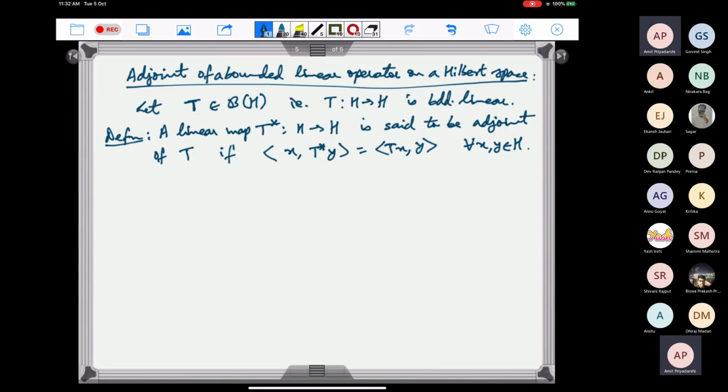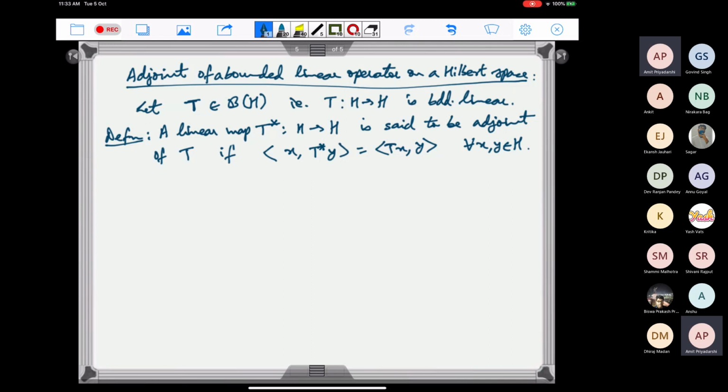So this in fact you can define on an inner product space: if you have any linear map on an inner product space, then we say that T star is the adjoint of T if x inner product with T star y is equal to the inner product of Tx with y. In general for an inner product space there need not be any such map.